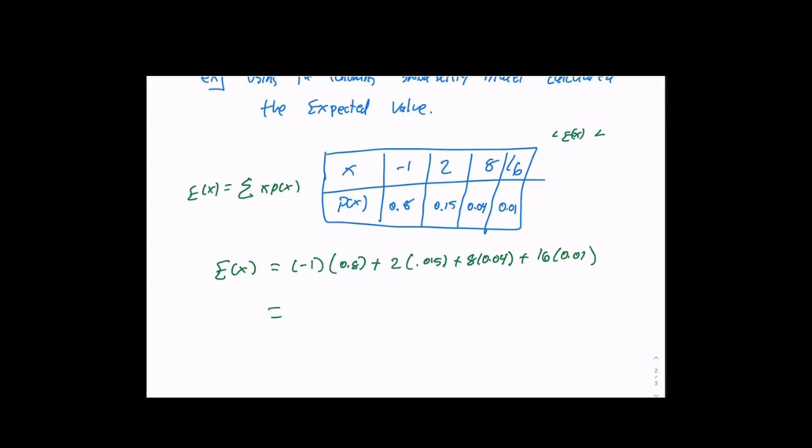If I told you the worst you can do is lose $1, the best you can do is win $16, then the average will be somewhere where? Everyone?